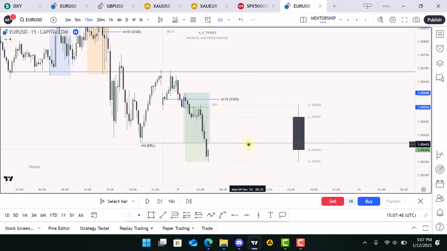That is why I don't agree with the idea that certain sessions are not favorable to trade and others are more favorable than the others. If you know what you're looking for in the market, you shouldn't worry about which session the setup is forming.